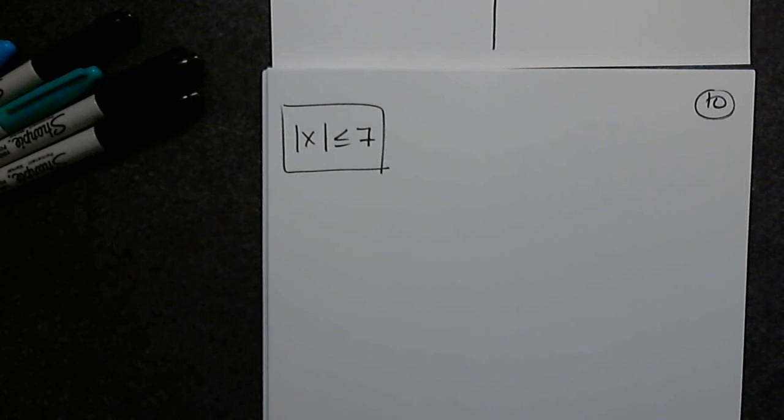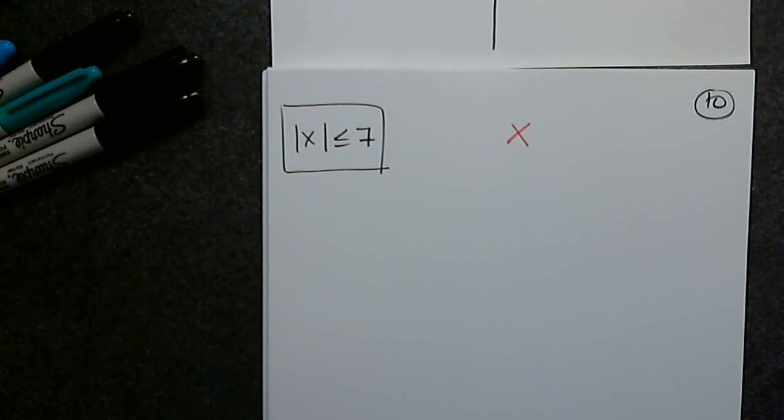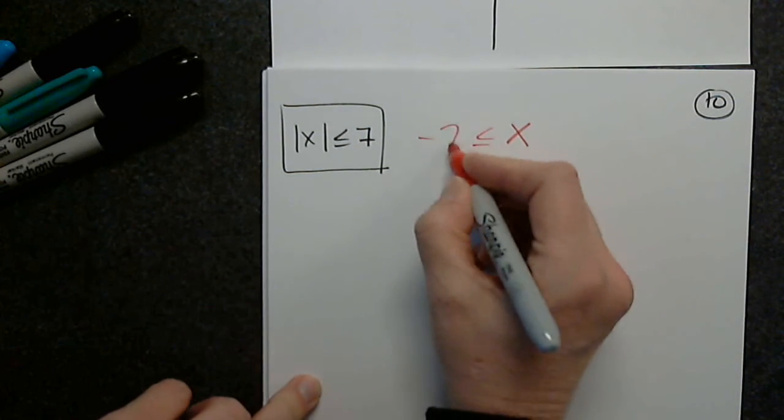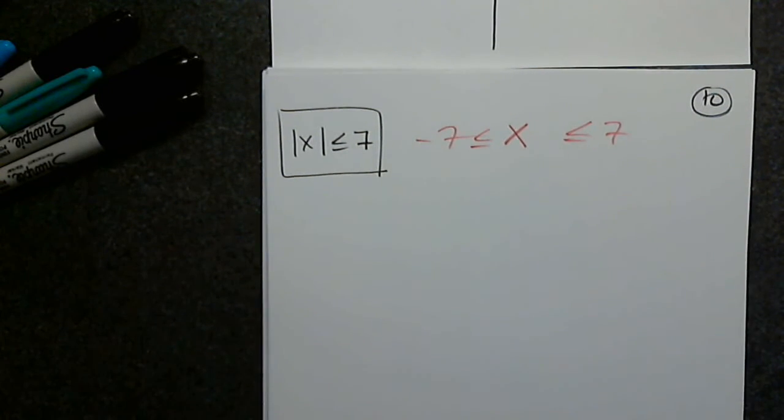How do I translate this then? Where will I find those numbers? Between what and what? Between -7 and 7. Right? So two numbers are 7 units away from 0, 7 or -7, or less.